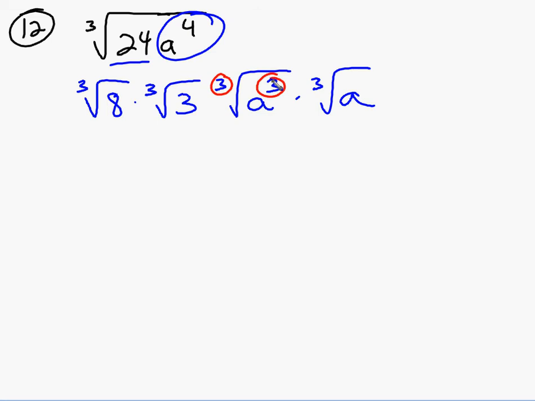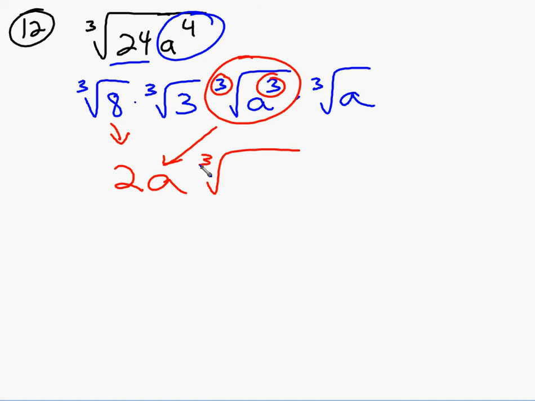So the cube root of 8 is 2. The cube root of a cubed is a. Those two come out. Everything else stays under. The cube root of 3a. Okay? You just have to trust the system. It does work. All right?